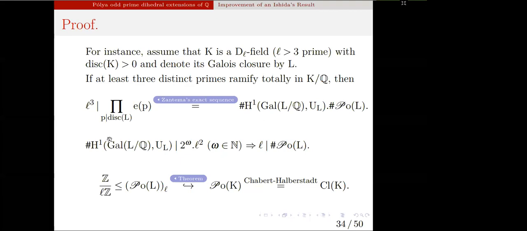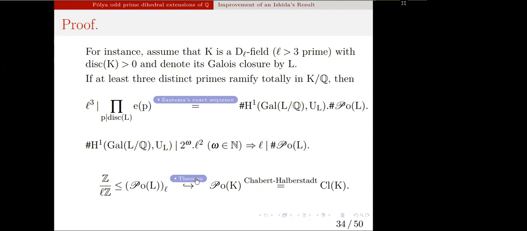On the other hand, the order of H1 of the Galois group of L over Q would be a divisor of a power of 2 times L squared, which implies that the order of the Pólya group of L is divisible by L.